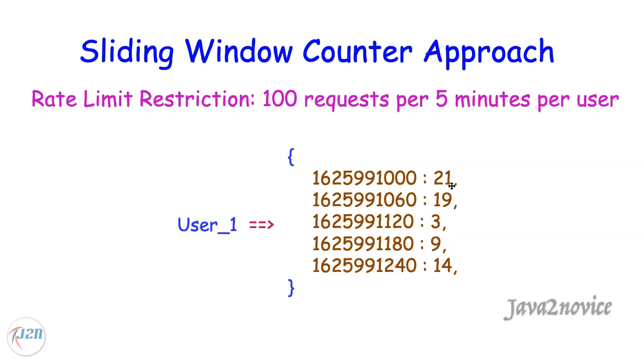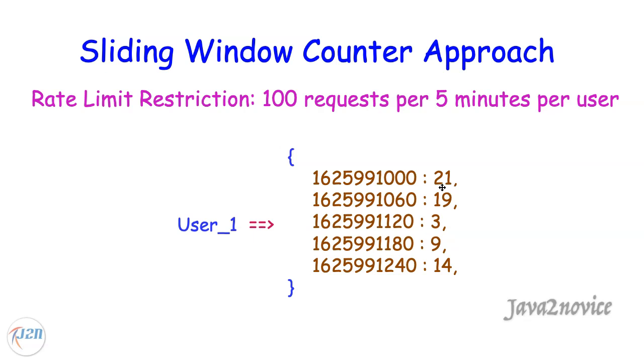Whenever the application receives any user request, it first updates the current timestamp counter and then computes the count based on the sliding window interval. If the counts are within the rate limits, the request will be accepted. Otherwise, the request will be rejected. The memory usage is improved here as we are not logging all the timestamps now.